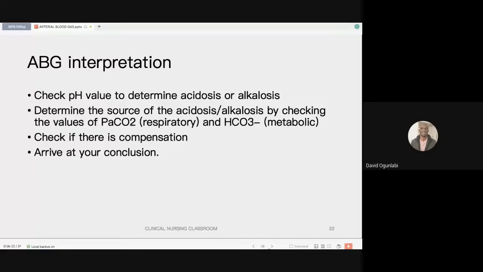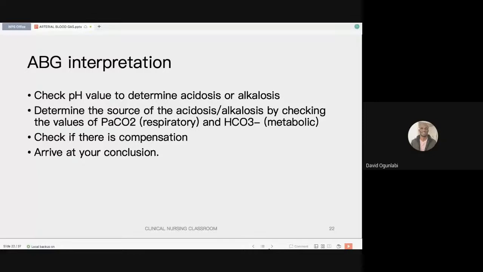The next point is you now determine the source of that problem. How do you determine the source? There are 2 possible causes of the problem: it is either respiratory or metabolic. So you see now why I've been emphasizing respiratory and metabolic regulations.